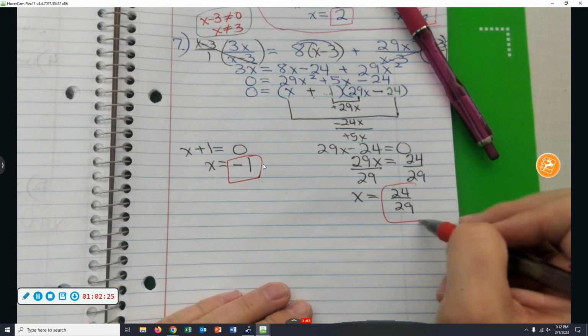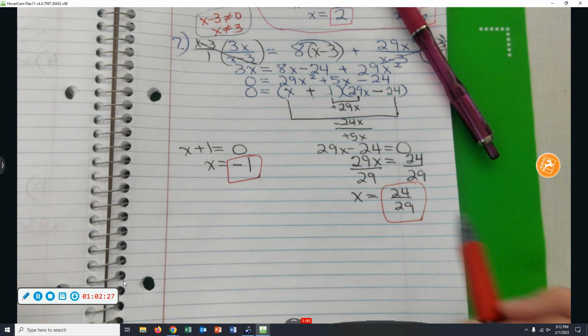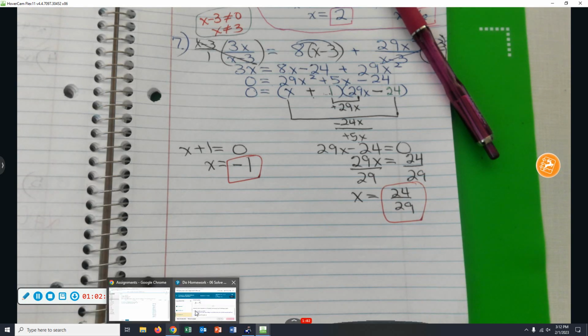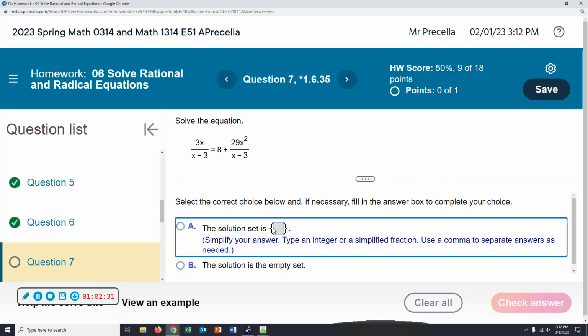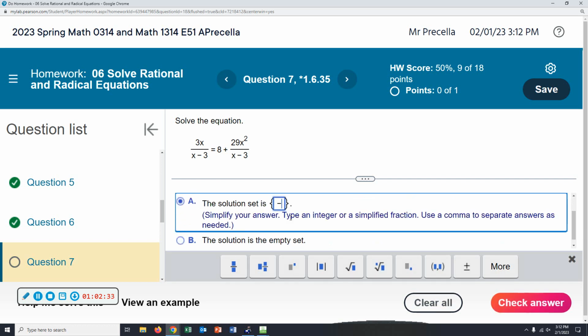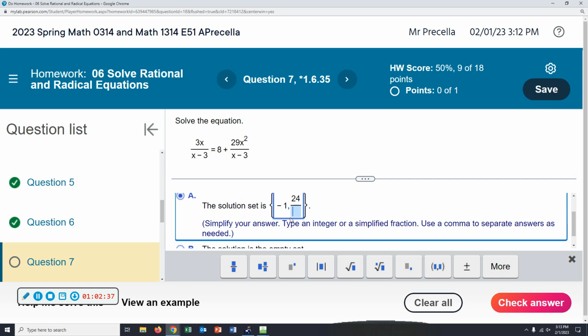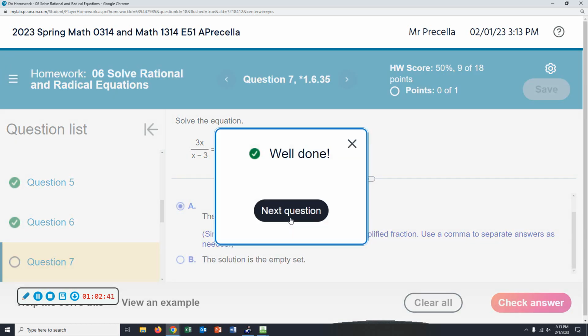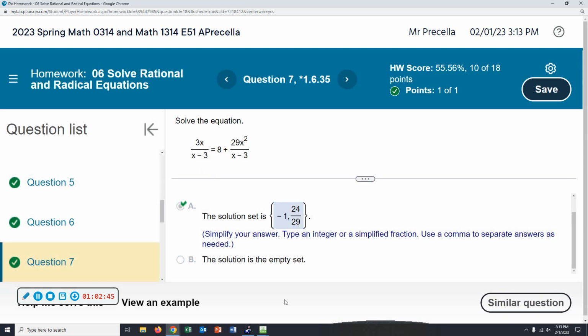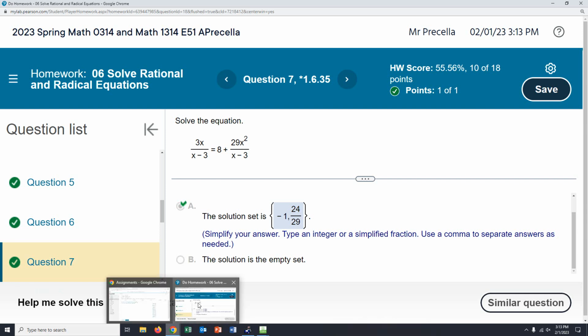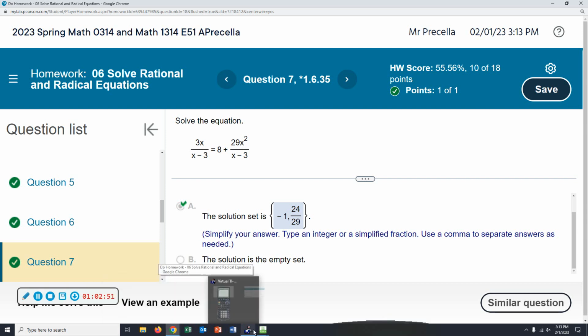Negative 1 and 24 over 29. I wonder what the problem was, why that student had the problem with this particular one. I think they didn't think to use the 29 and 24 for factoring.